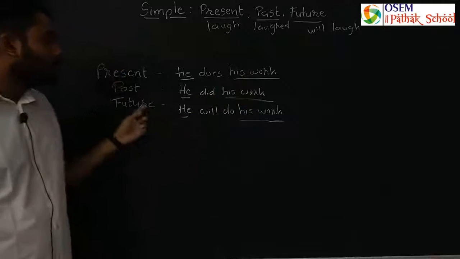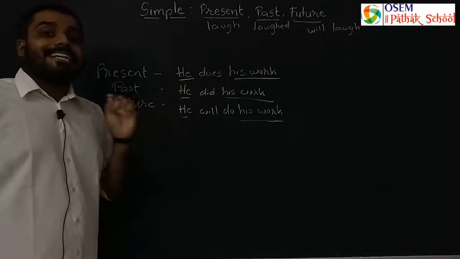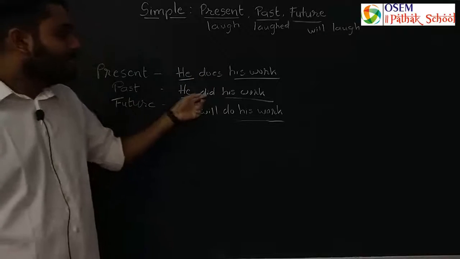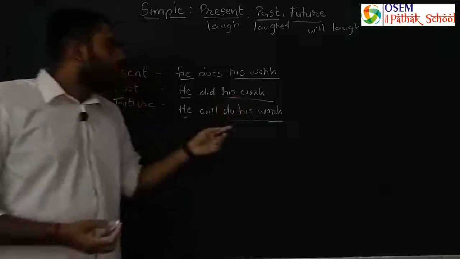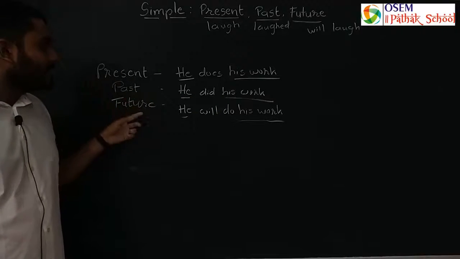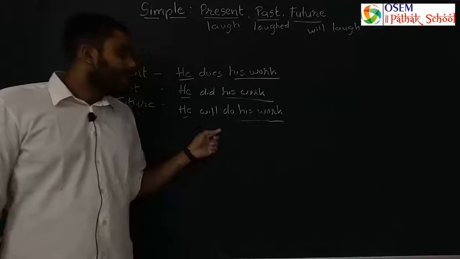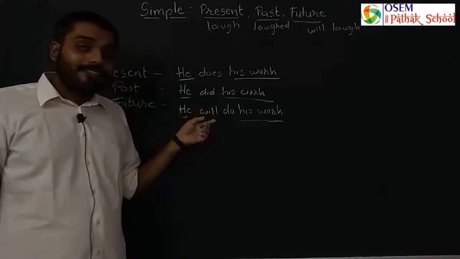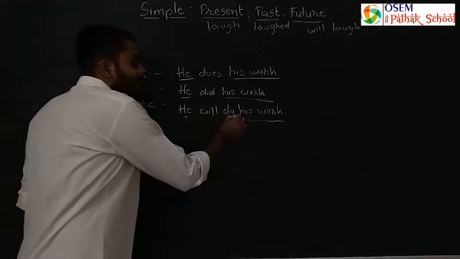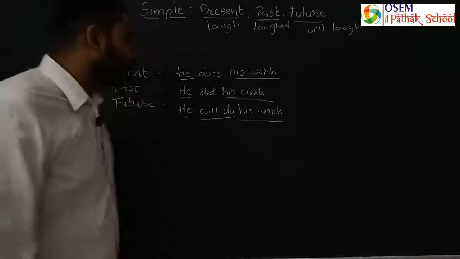Now if we convert it into past, what do we do instead of do and does? Did. Remember? He did his work. Now, as we have made the past, the last one is future. In future tense, as I told you, we just have to add will. So, will do. He will do his work.